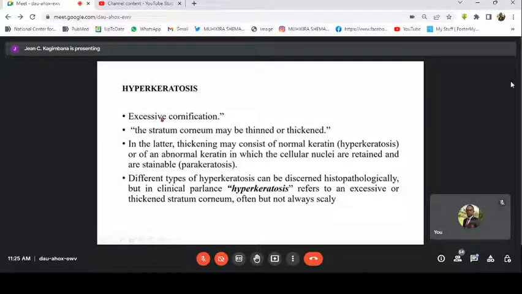Then you have excessive cornification with thickened skin. This is what we call hyperkeratosis. Hyperkeratotic lesion, as you just described. Hyperkeratotic lesions. Okay.